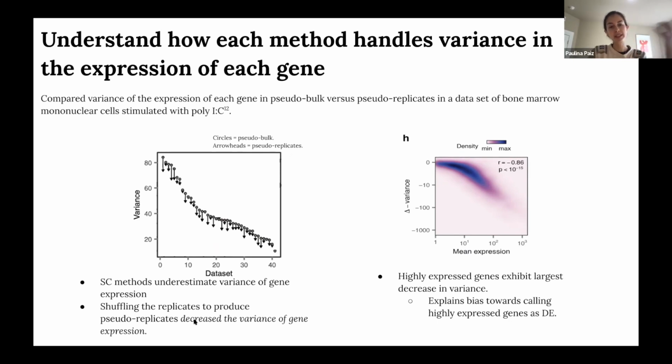So they're basically decreasing the variance of gene expression. And this was a supplementary figure, but I also found it very surprising that the most highly expressed genes exhibit the largest decreasing variance. So in this area, you can see how this is decreasing. And this would explain the bias towards calling highly expressed genes as differentially expressed by pseudo-replicate methods and by proxy by single cell methods.